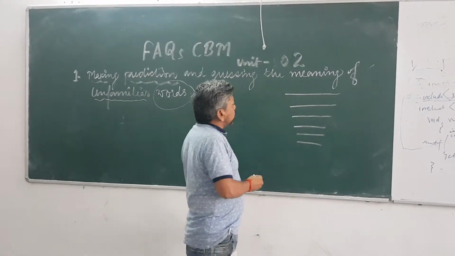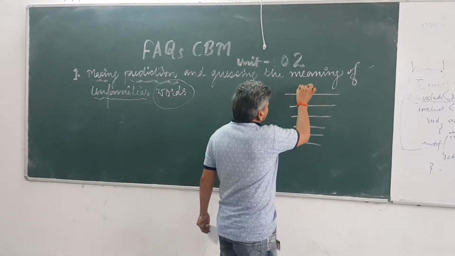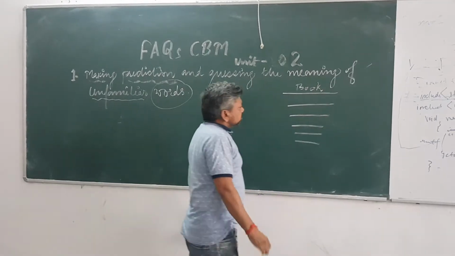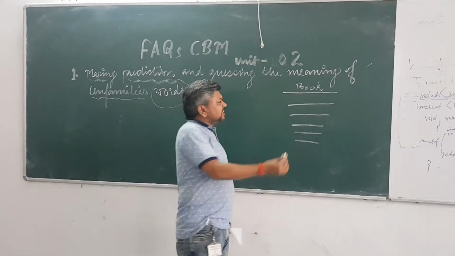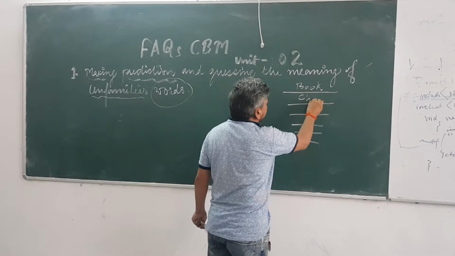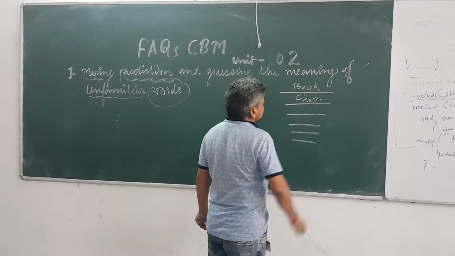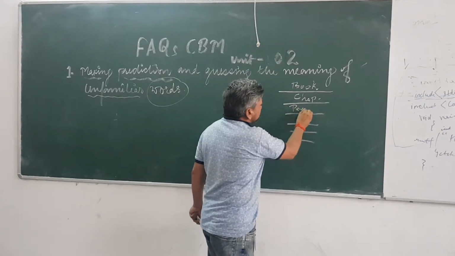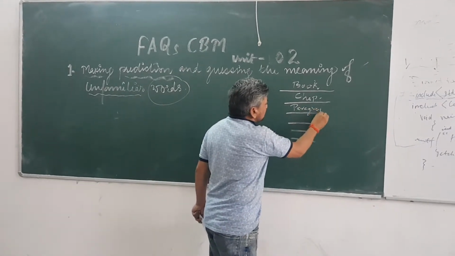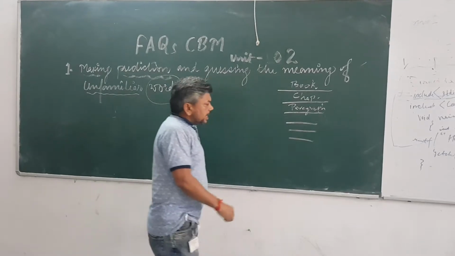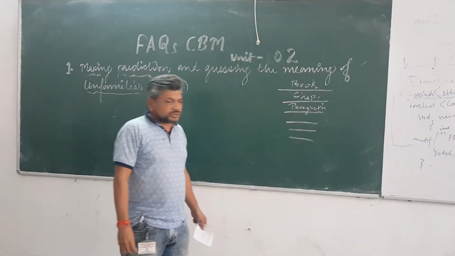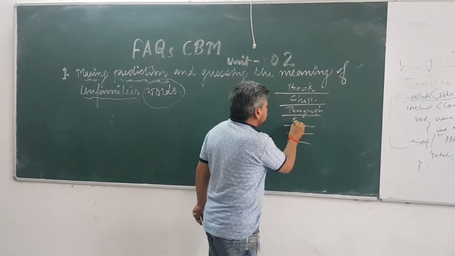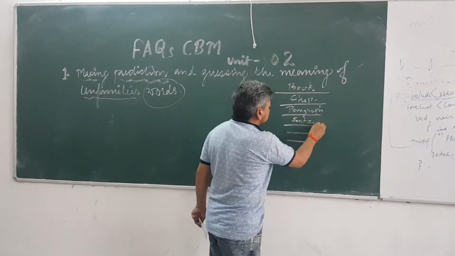So, first of all, a thing that is unknown to me is unfamiliar. When we talk about a particular book, inside the book certain chapters may be unfamiliar. Inside the chapter, certain paragraphs may be unfamiliar. Inside the paragraph, certain sentences may be unfamiliar.